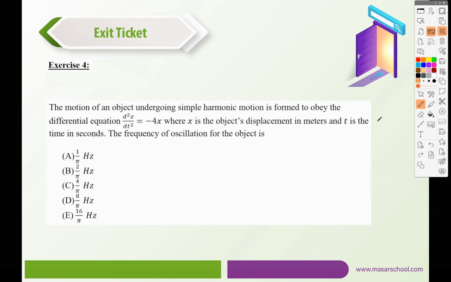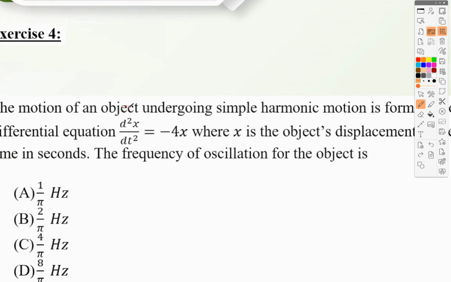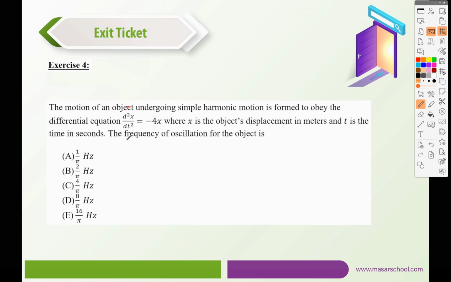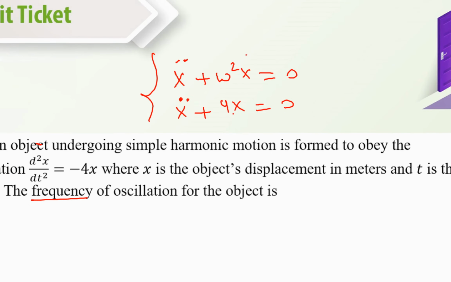And now finally, exercise 4 as an exit ticket for today's video. The motion of an object undergoing simple harmonic motion is found to obey the differential equation. So you notice that whenever we're talking about simple harmonic motion, it should have the following form. Now we're interested in the frequency. So we know that x double dot plus omega square x is equal to 0, and this can be written as x double dot plus 4x is equal to 0, which makes omega square equal to 4.